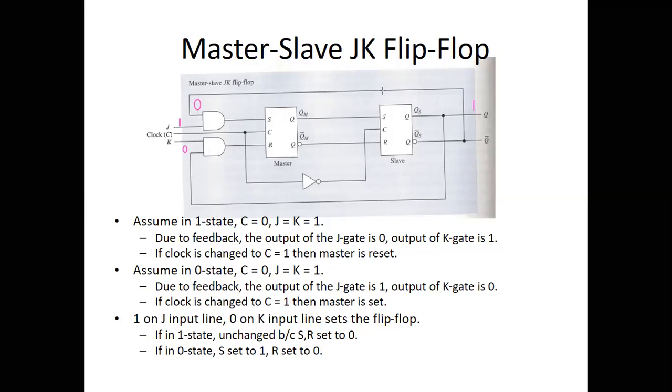So if initially this slave flip-flop was in one state, then this will be equal to 0. So this S value will be equal to 0, R value will be equal to 1. So when S is 0, R is 1, the flip-flop will go to a reset state. So this QM will be equal to 0 and this will be equal to 1.